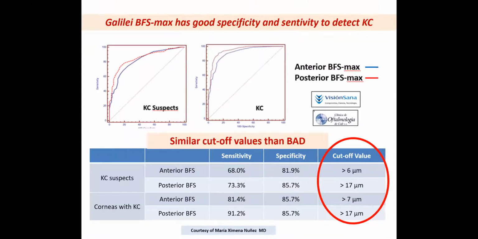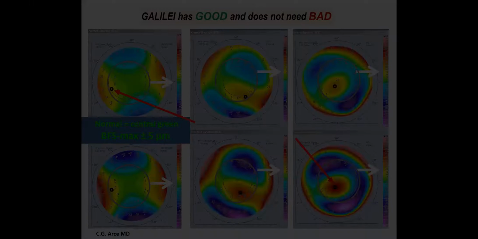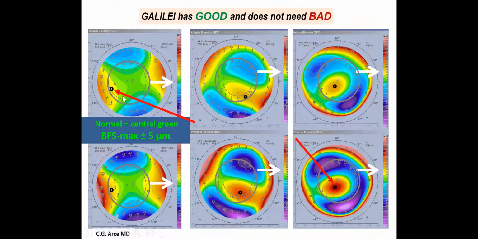We are going to see what happened with the Galilei. With the cutoff value with the Galilei, simple Galilei best-fit sphere without enhancing anything, okay? And look at the ROC curves here, it is exactly the same, exactly the same. So we have now in the maps, when we have green at the center in anterior or posterior best-fit sphere, we have green as normal, no lump, no ectasia.